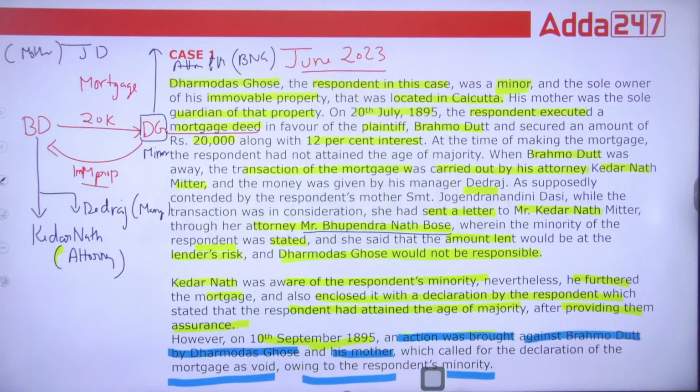Tell me, class, the right answer for this question. Yes, class, what will be the right answer for this question?